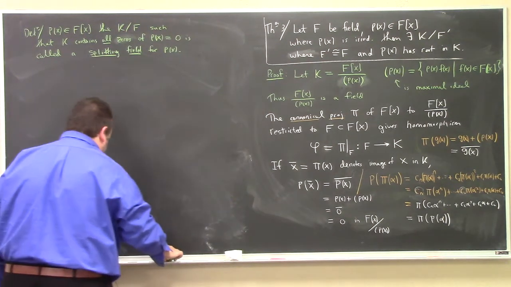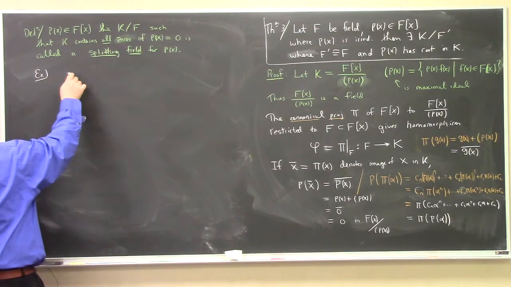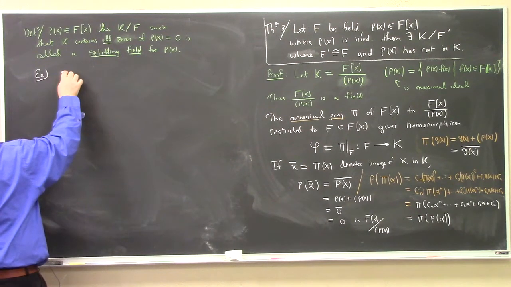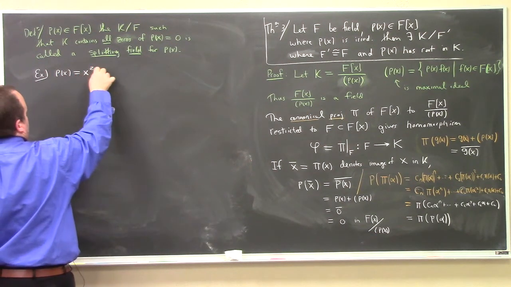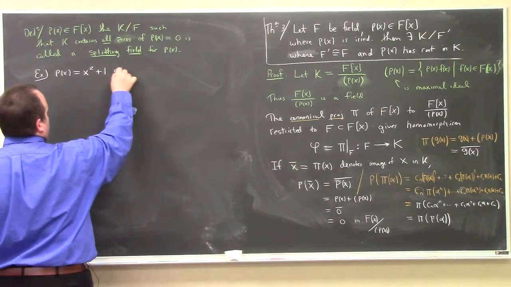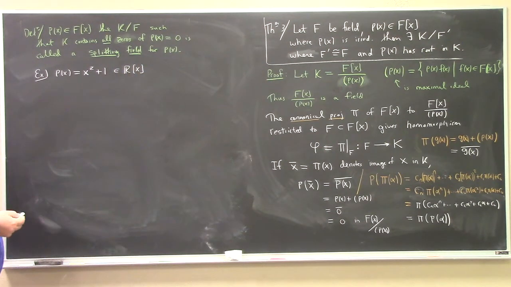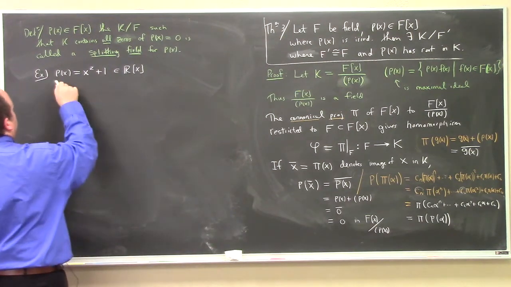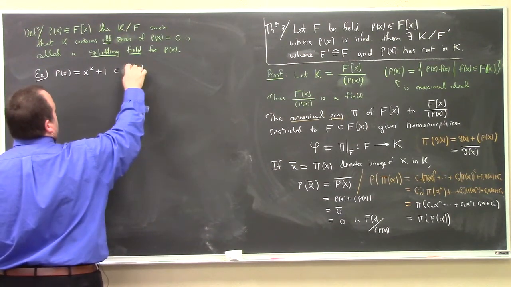So you already know, let's go back to our most beloved example, x squared plus 1. This is a real polynomial. Of course, we could also look at it as rational if you like. I'll make it rational to make it a little bit more funky.